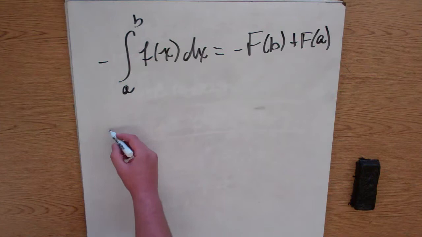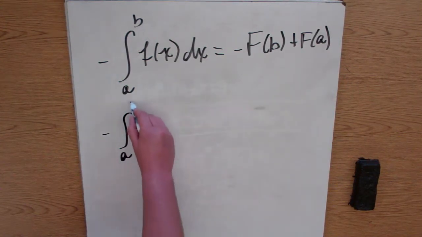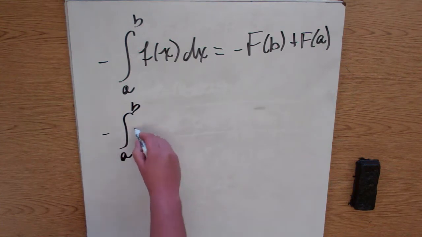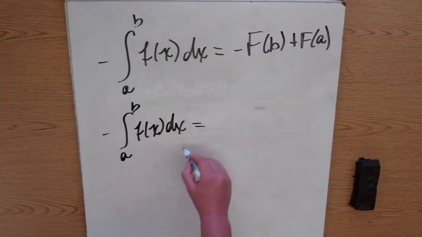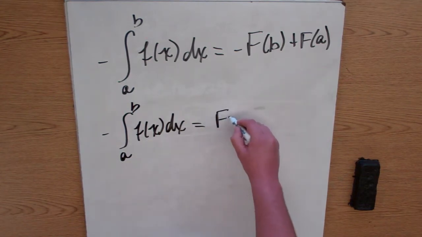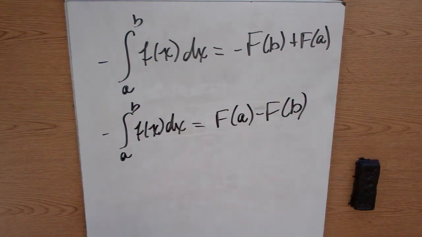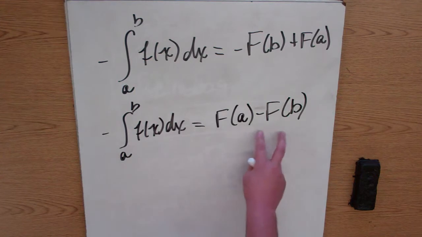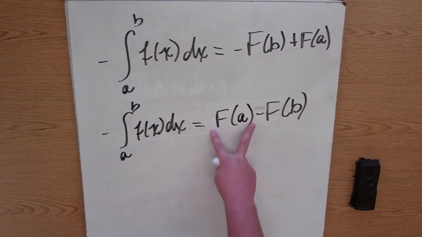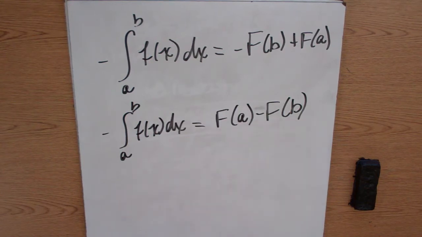Well, the second one here we can do is negative the integral from a to b of f of x dx. That also equals f of a minus f of b. So here, instead of subtracting a from b, I said that backwards, we're subtracting b from a.